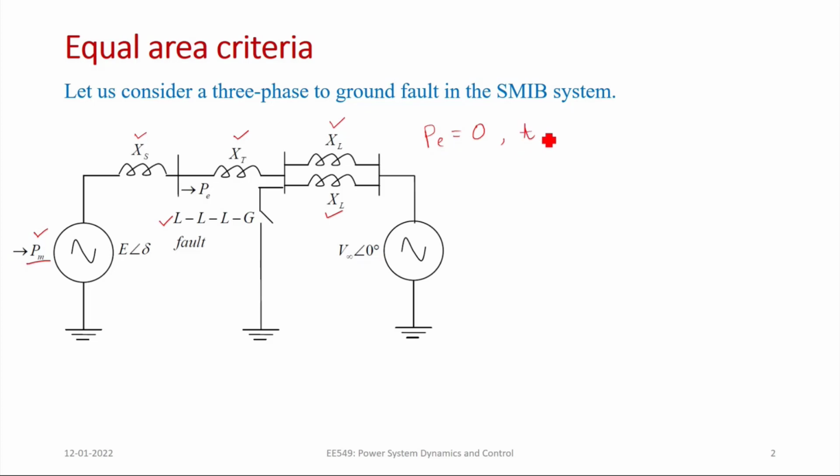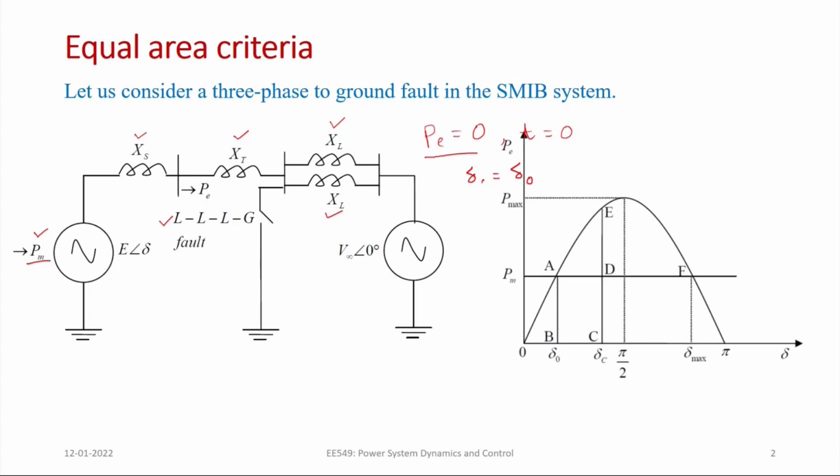Let us say the fault occurs at t equal to 0. So at that time your P will become 0. Before that, your initial angle, that is the stable equilibrium point, is at delta equal to delta naught, right? Already we have seen this.